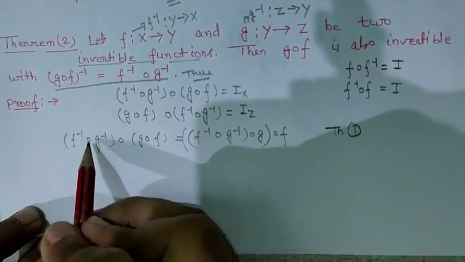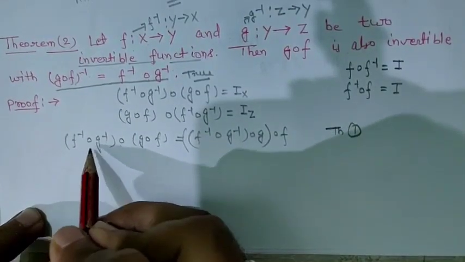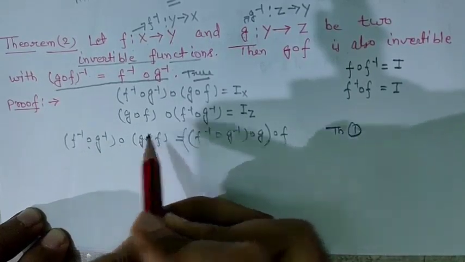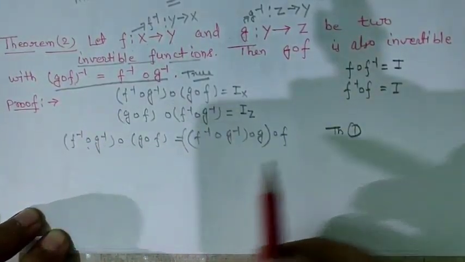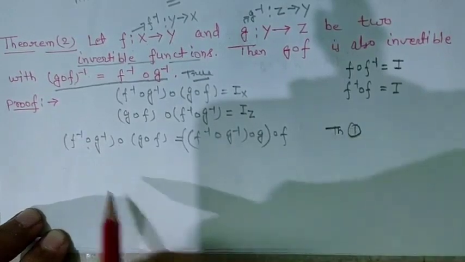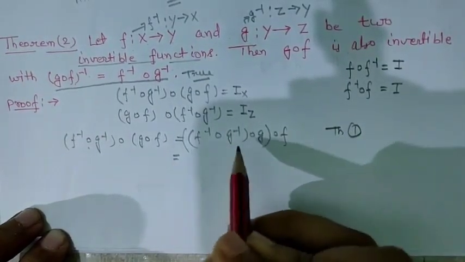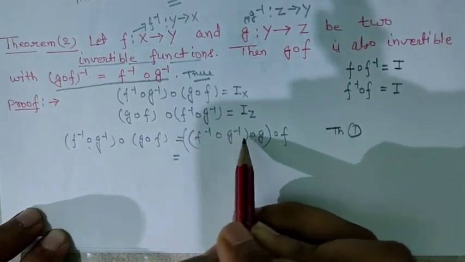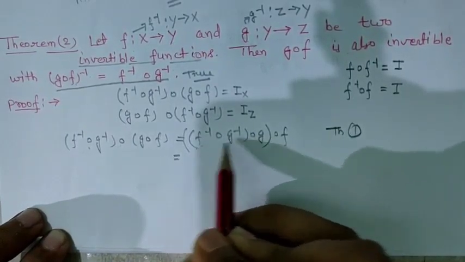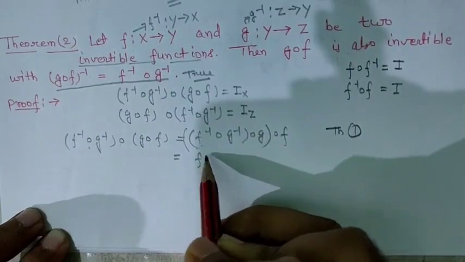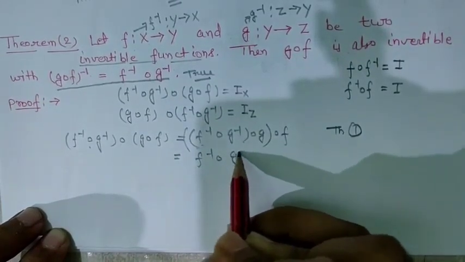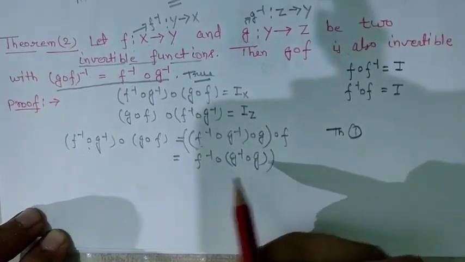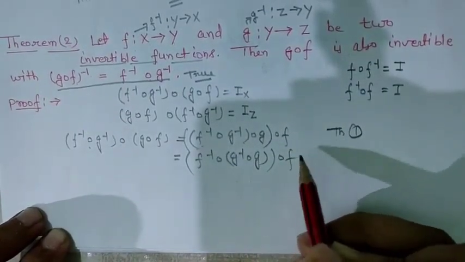Just consider this as one function, then this one function could be combined with this by using the associative property from theorem 1. Now by using theorem 1 again, I can shift the brackets to another side, like f inverse o (g inverse o g) o f.